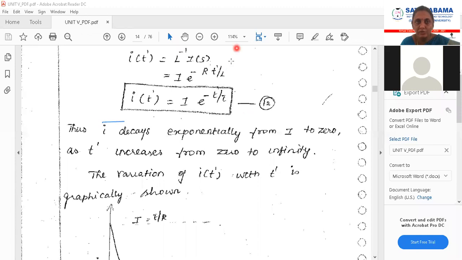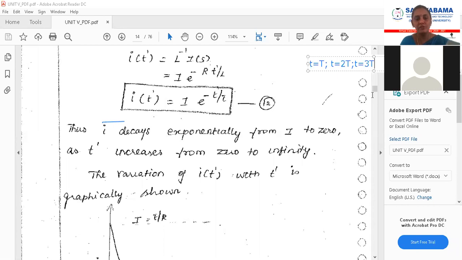Put the value of t, t is equal to capital T or tau. Next, put t is equal to 2T. The capital T, what I'm telling here is the time constant, okay. And again put small t is equal to 3 into T, like this.